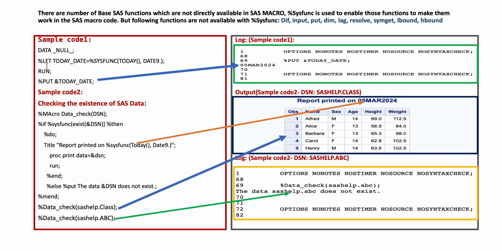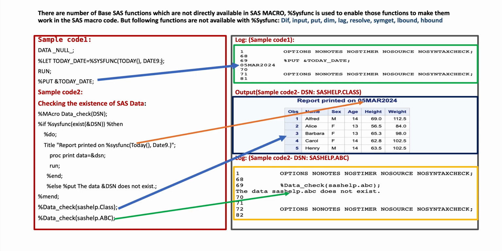By using %let, we create the SAS macro variable today_date equal to %sysfunc(today), which counts the number of days from 1st January 1960 to today's date. Finally, we have to display it in a certain format.